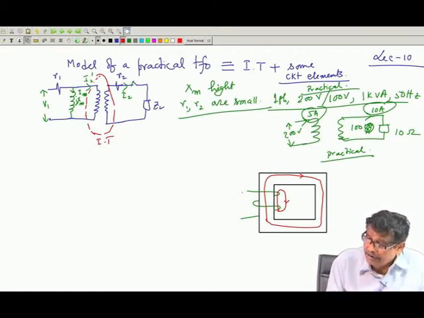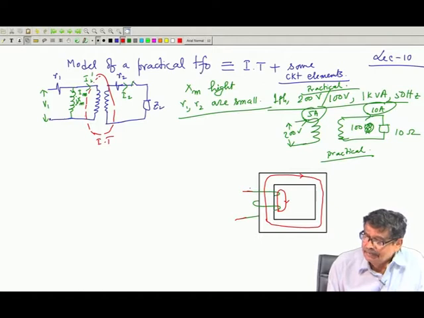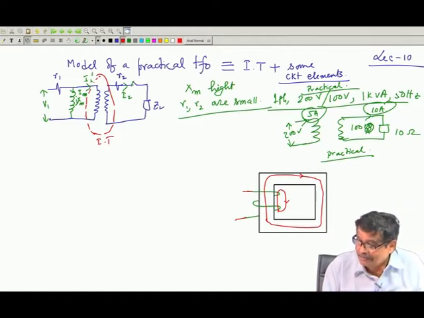Therefore, when the conductor carries some current, it produces flux, and a little amount of flux will be leakage flux. So, this is called the mutual flux, this is called the leakage flux.